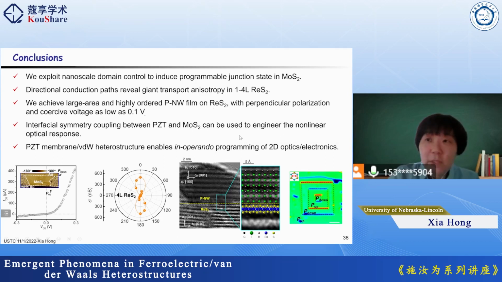You can create junctions, programmable junctions, explore intrinsic transport anomalies in 2D materials, and have optical filtering effects. If you combine freestanding ferroelectric oxide membranes with van der Waals materials, it also enables programming of combined optical and electronic functionalities. So I think that's the end of the talk.